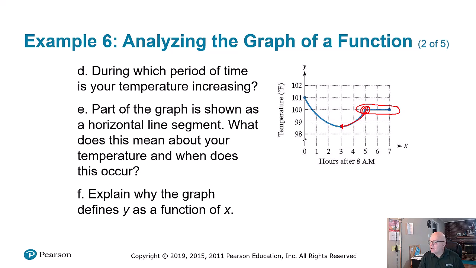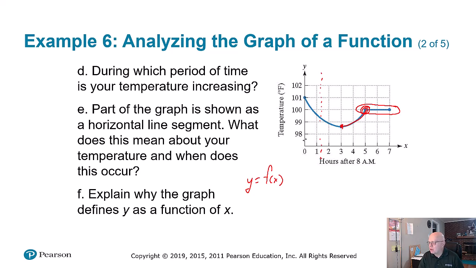Why does the graph define y as a function of x? Y equals f of x. Because you can draw any vertical line, say this one for example, and it's only going to cross that graph, even though it's sort of a strange graph, it's only going to cross the graph one place. Now what does that mean? We're talking about temperatures, right?